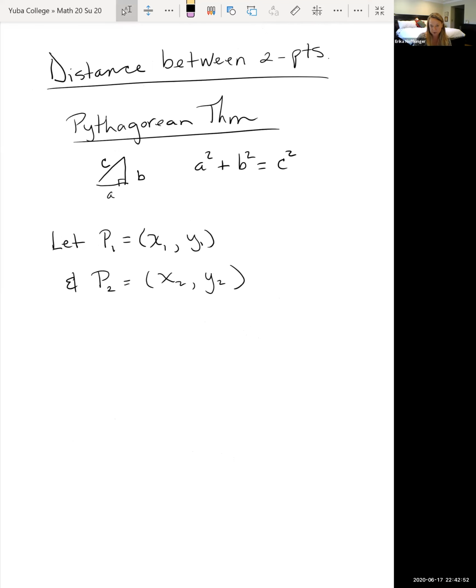Okay, so you're going to arbitrarily draw where those points are. So let's say right here, this is X sub 1, Y sub 1. And let's say this right here, it could be below, but right now my picture is above, this is X sub 2, Y sub 2.